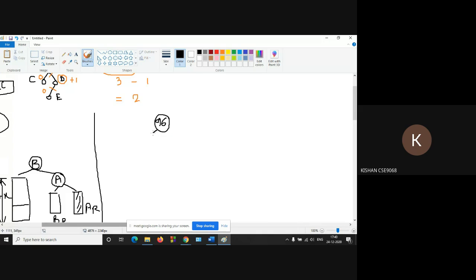Left and right, because this is the binary search tree property. So 85 and this is your 110. This is less than or equal to and this is greater than.